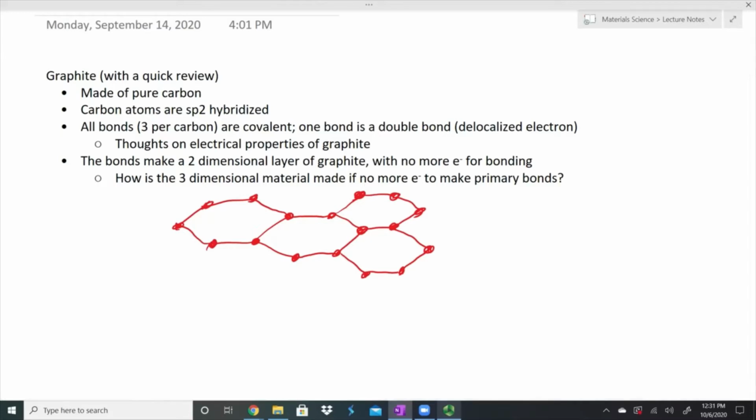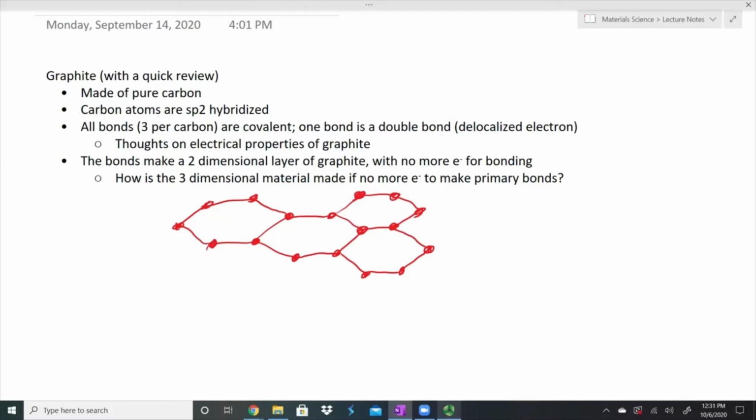And so what we have is this plane, this 2-dimensional layer of graphite, and all of our electrons have already been used for bonding. And so the question here is, how can I stack these planes on top of each other, all these layers up, to actually make a 3-dimensional material? How does 3-dimensional graphite actually get formed if we have no more electrons for bonding?